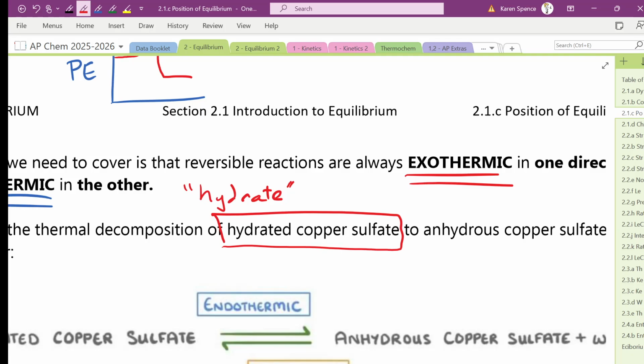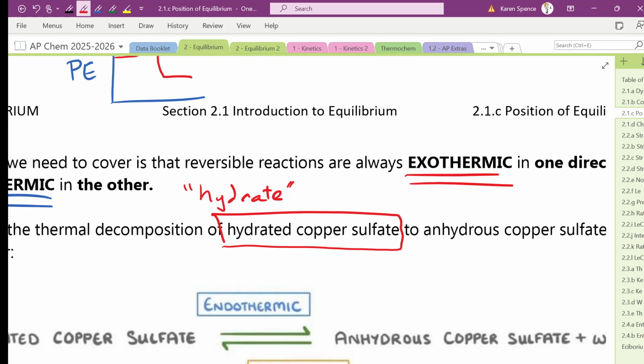What's a hydrate? A crystal lattice with water in it. So here we have a crystal lattice. What type of crystal lattice is this? Ionic. Okay.